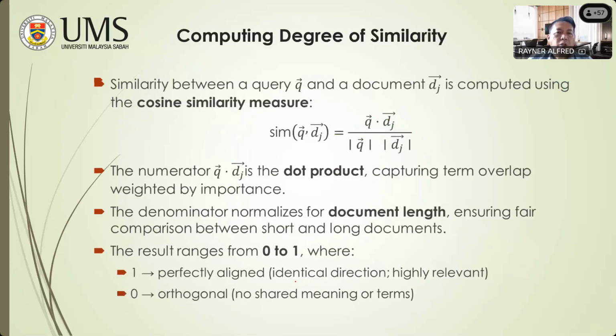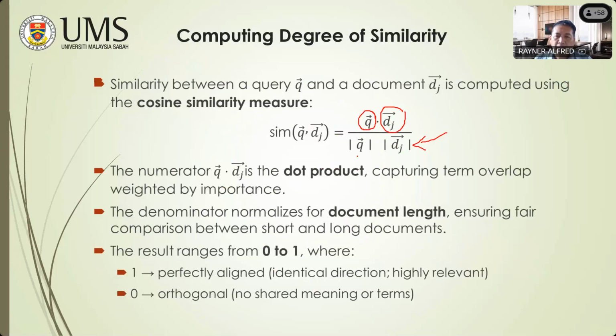Okay, to compute the similarity between the query and the document, we can use the cosine function. This is basically multiplying the vector of Q and the vector of the document, and dividing by the lengths, which is similar to normalization.